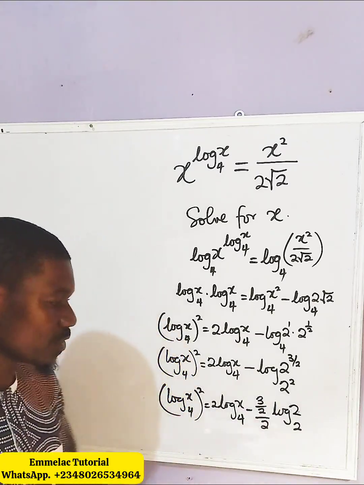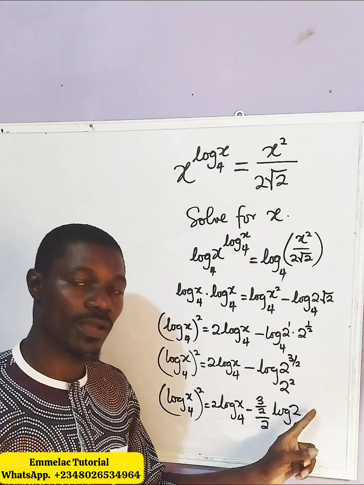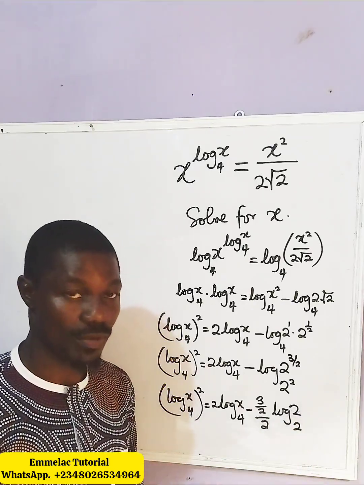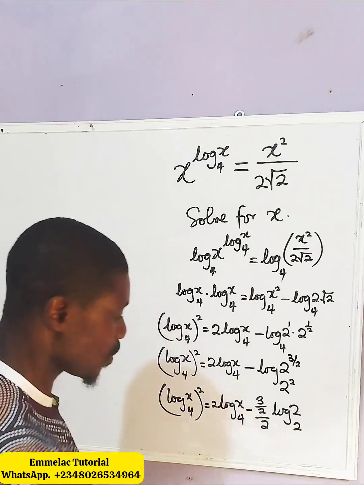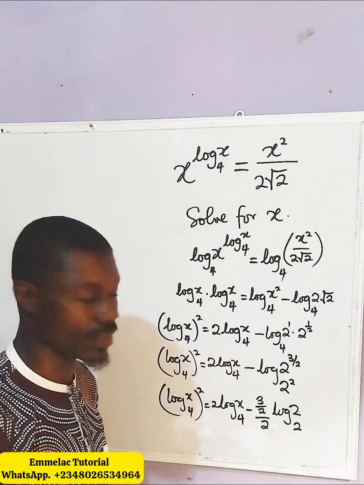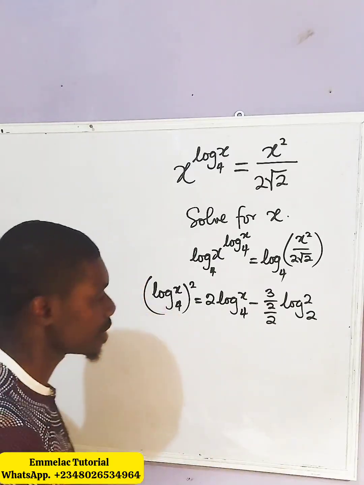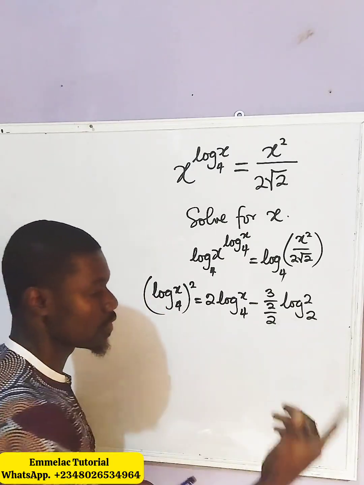And you know, when the argument of a log and the base are the same thing, it becomes 1. So the whole of this becomes 1.